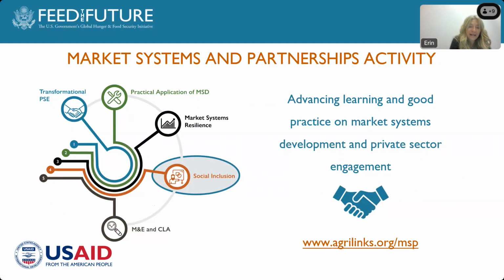We're one, which you can see circled under the social inclusion track. That's where this team is working. There's also some other really excellent work happening, so I'd really encourage you to go to that link on AgriLinks and check out all the exciting work being done under the transformational PSE, practical application of MSD, market systems resilience, as well as the M&E and CLA tracks.